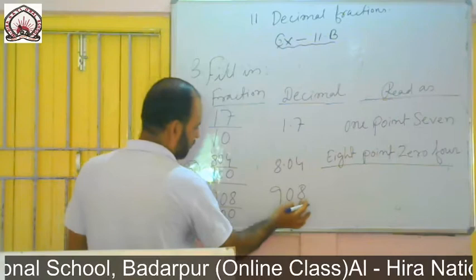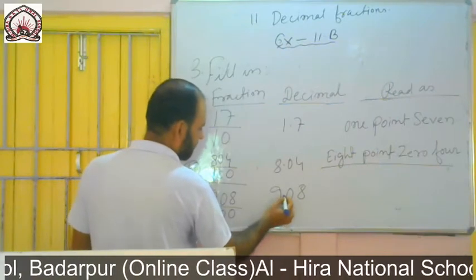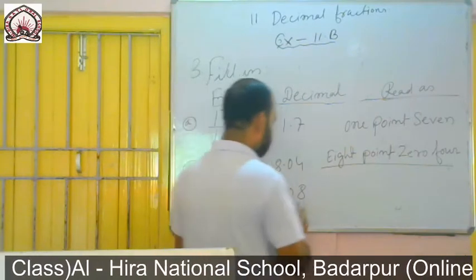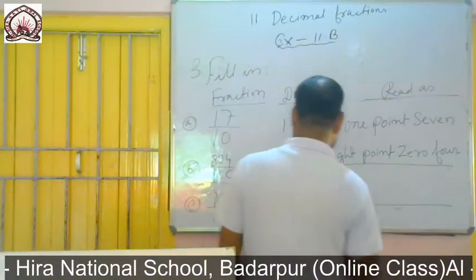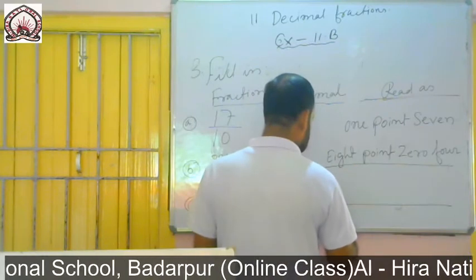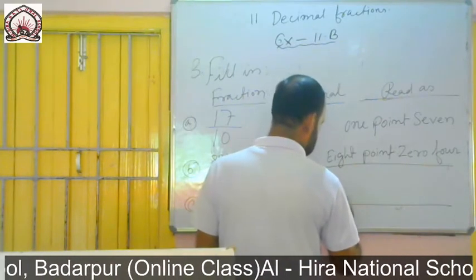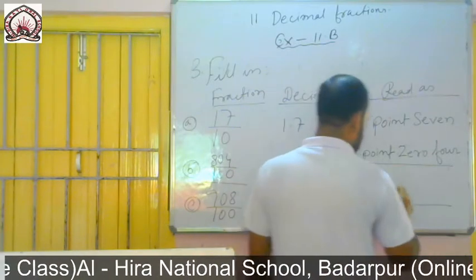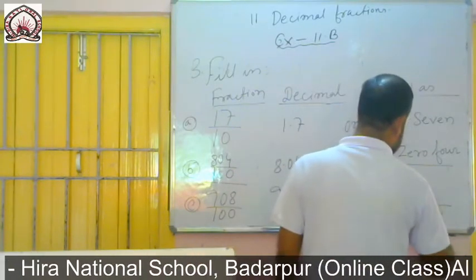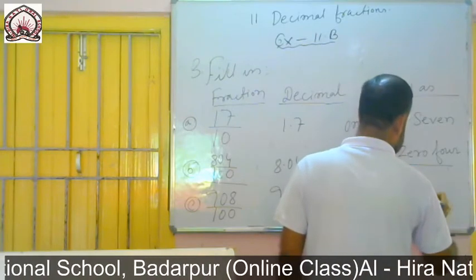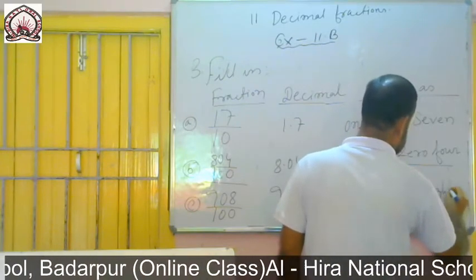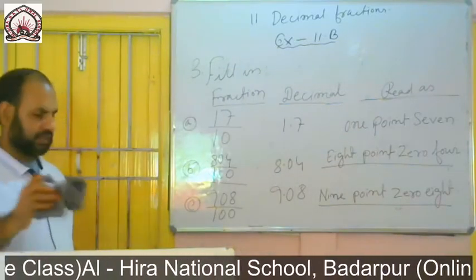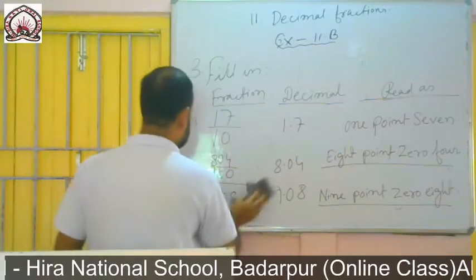From the right side, before 2 digits, we give a point. The decimal fraction is 9.08, and we read it as 9 point 0 8. Next question number D.